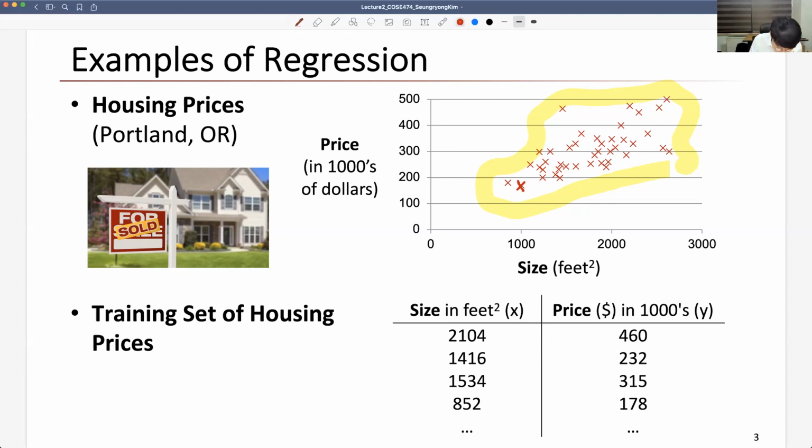So we already have so much historical data between the size of a house and the price of the house, right? What we want to do is to predict the house price with respect to the size of the house, right? Then how can you do that? This is the goal of the regression problem.